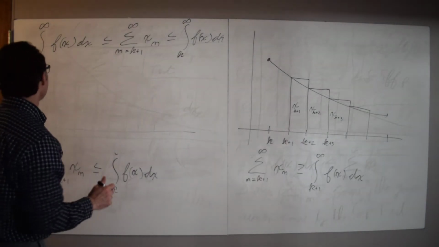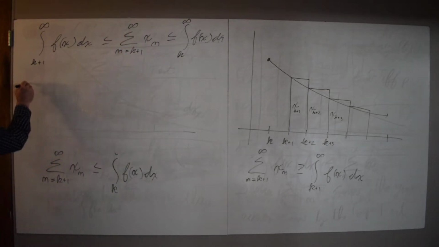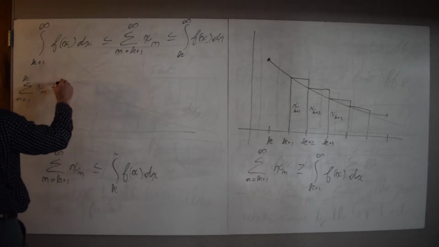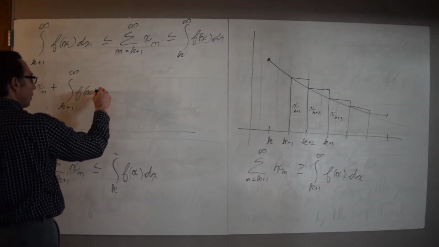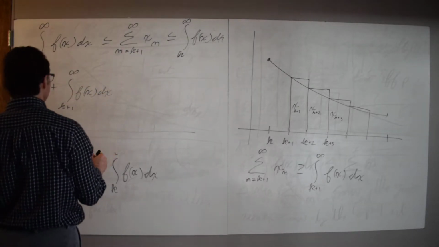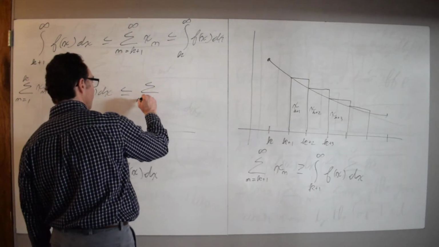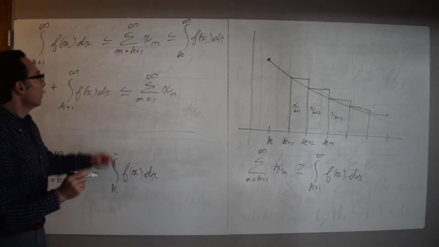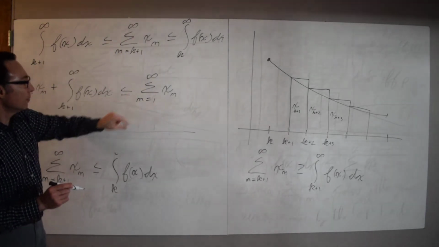And so what that means is, if we look at the sum of the first k terms, the sum n equal 1 to k of x_n plus the integral k plus 1 to infinity of f of x dx, that's less than or equal to the sum n equal 1 to infinity of x_n, because we've taken the tail and then we've also added n equal 1 to k of this sum.